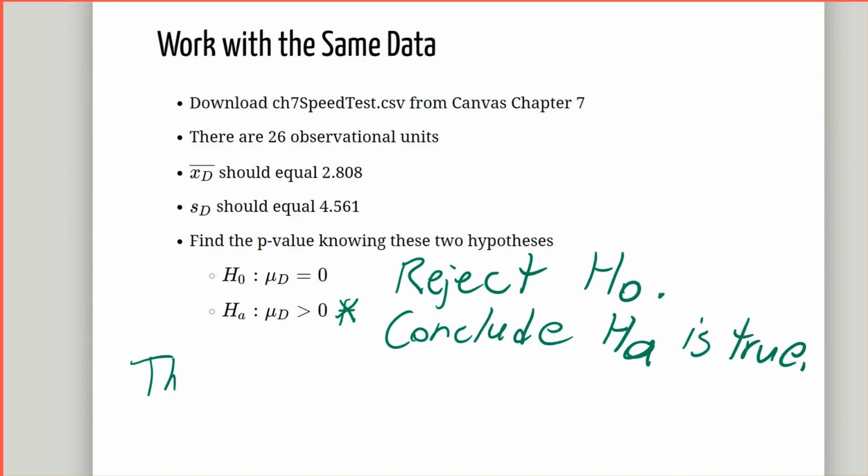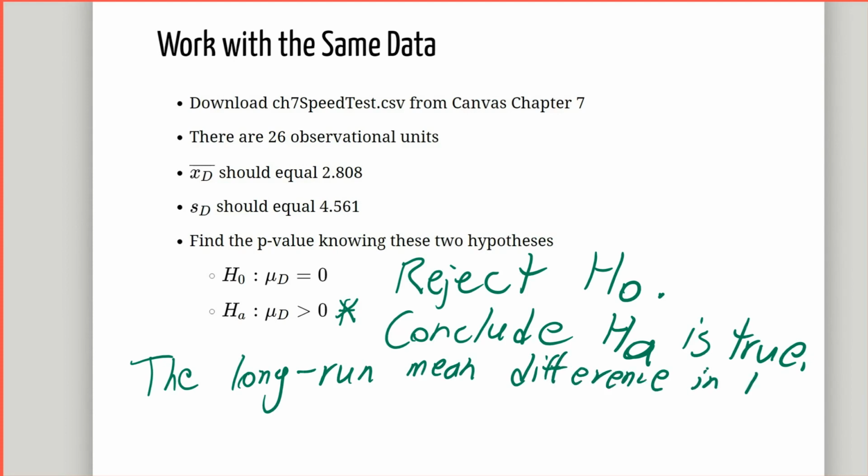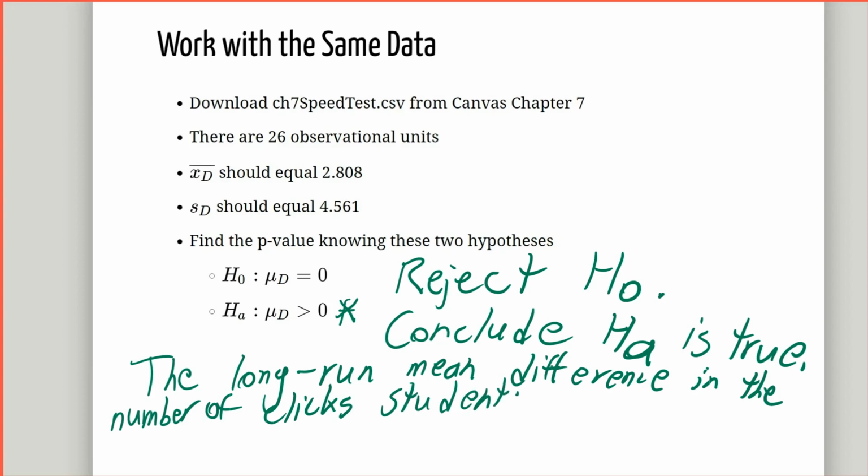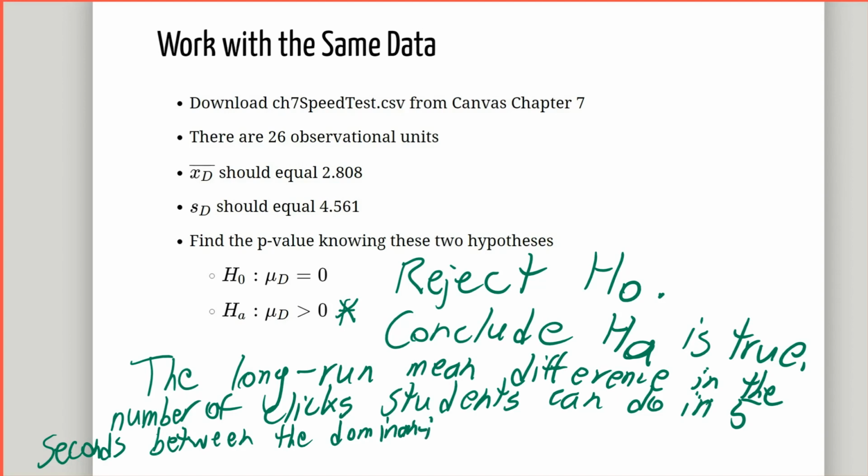And we'll say the long-run mean difference in the number of clicks students can do in 5 seconds between the dominant hand and the weak hand is greater than 0.